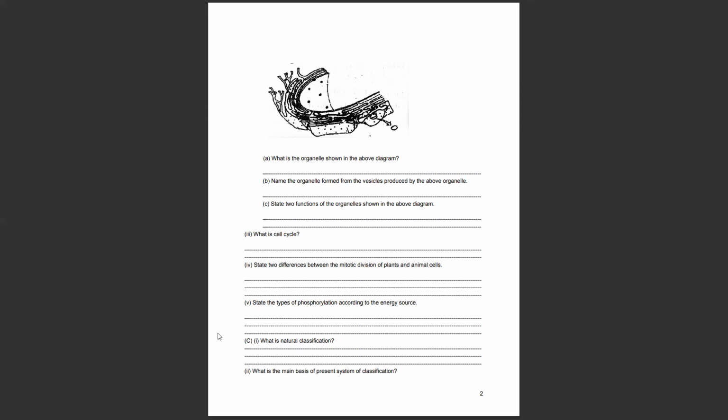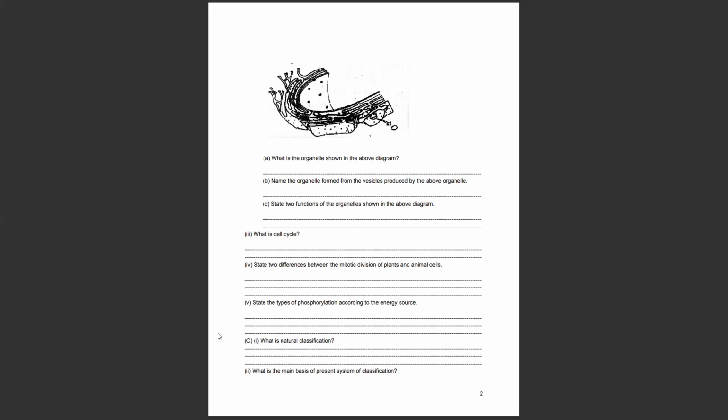transport proteins synthesized by ribosomes. Now these dot-like structures that you can see in these flattened sacs are the ribosomes, right? Ribosomes are attached to the rough endoplasmic reticulum, right? So proteins synthesized by ribosomes move into the lumen of the ER.